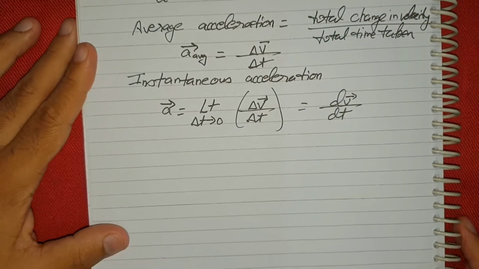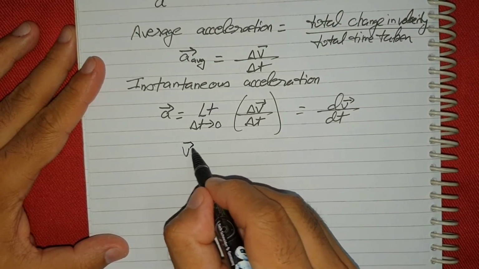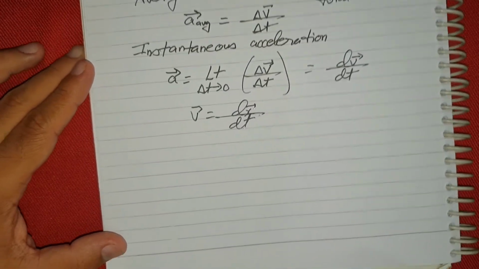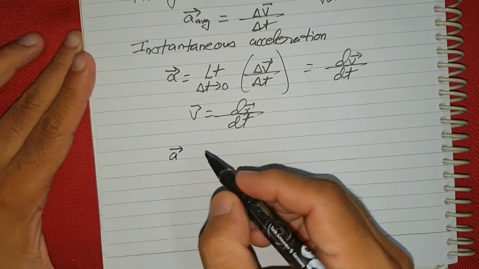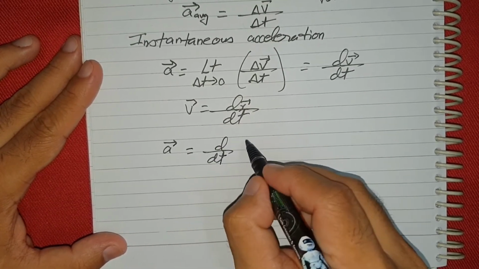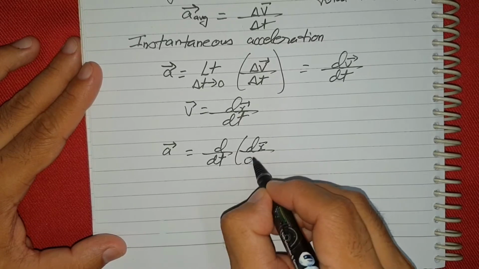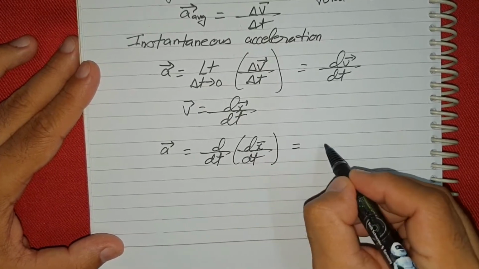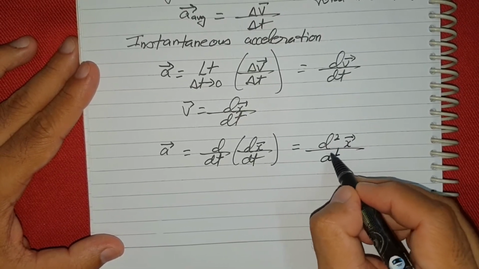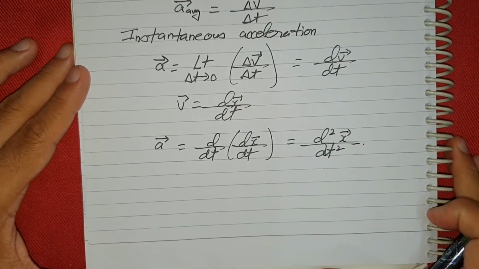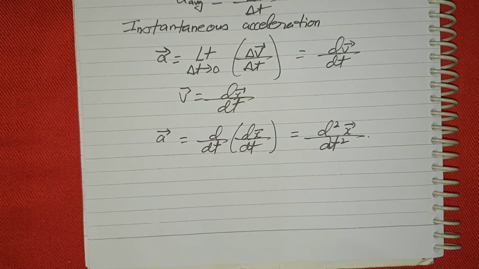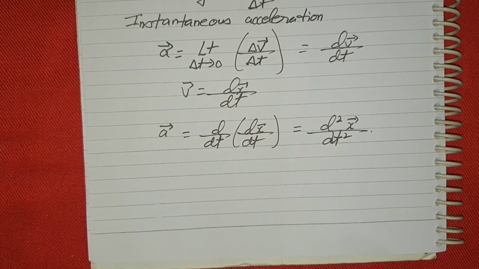And we know that v is dx by dt. Therefore a is d by dt of dx by dt, which is equal to d 2x by dt squared. The instantaneous acceleration of an object is also equal to the second time derivative of the position of the object at a given instant.